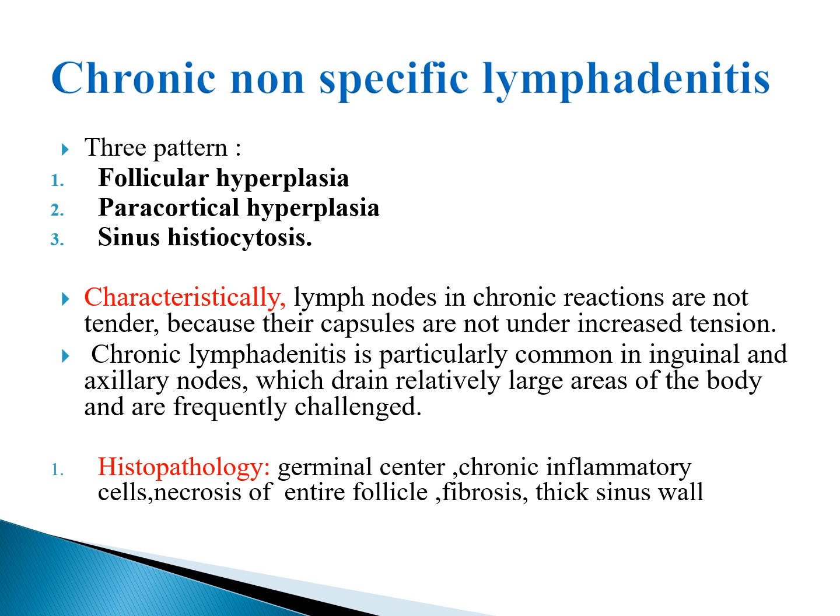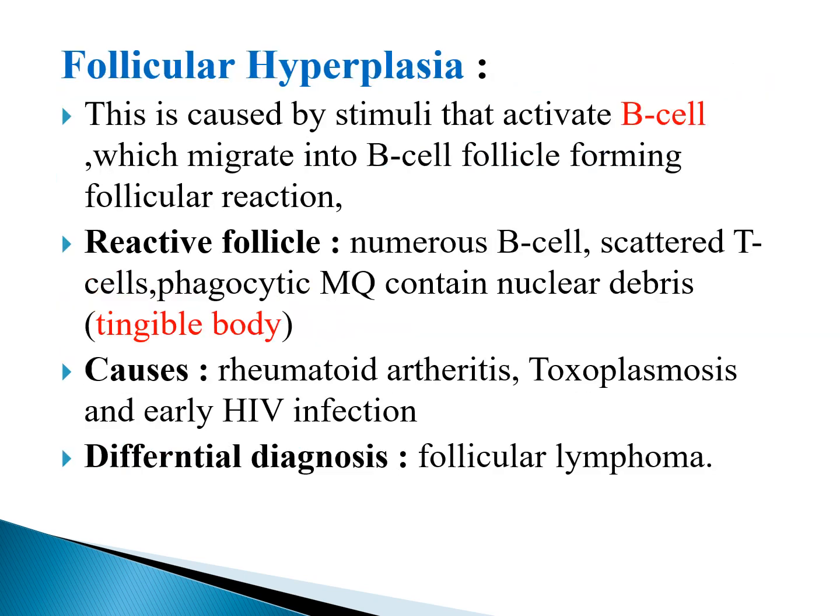The chronic lymphoadenitis is particularly common in the inguinal and the axillary nodes, which drain relatively large areas of the body and are frequently challenged. Histopathology: germinal center with chronic inflammatory cells, necrosis of the entire follicle, fibrosis, and the thick sinus wall.